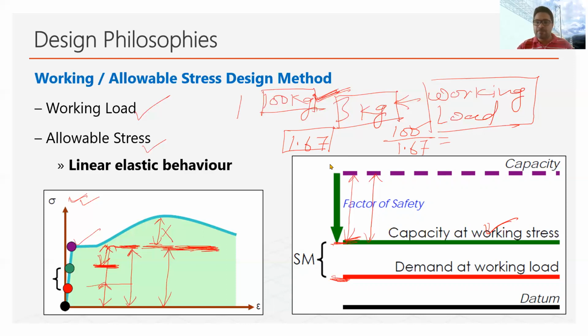It may be around 67%. So we will consider only 67% of the strength of the steel in our design. This is how this concept evolved in this method.